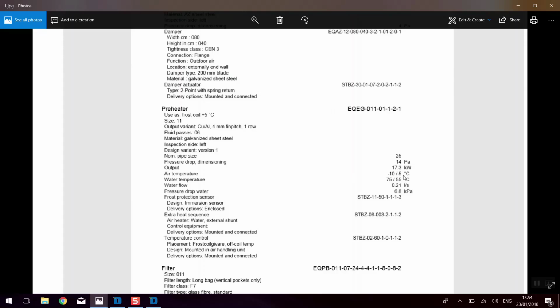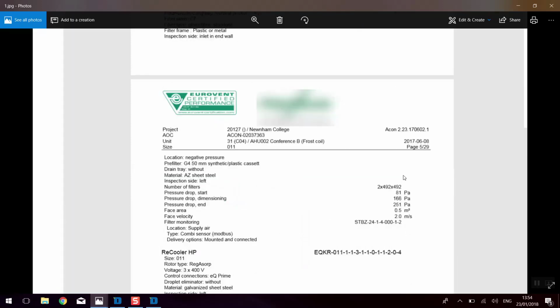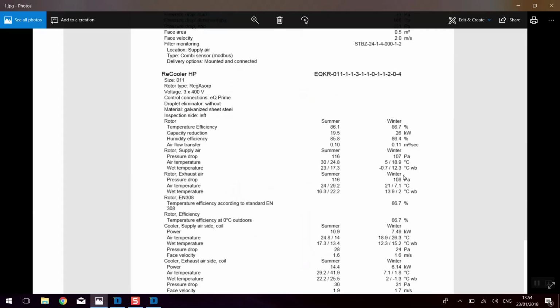That is okay, but in our opinion, it means that this heat pump is not sized to cover lower temperatures than +5 degrees. Then we go down, and here you can see that this rotary wheel looks like a sorption type, because we have a very good humidity efficiency. So everything here is okay.